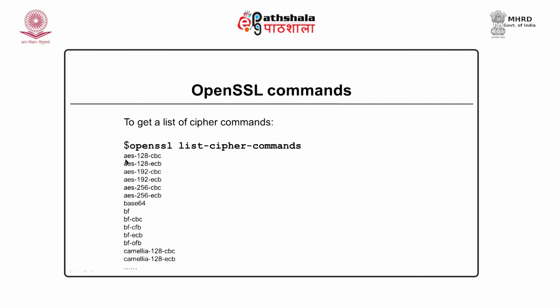When you want to use AES, we generally specify the entire string like aes-128-cbc. Over here I have shortened the screen. I have displayed a few algorithms, but you may try out different commands and browse through the list of cipher commands that are supported by OpenSSL.